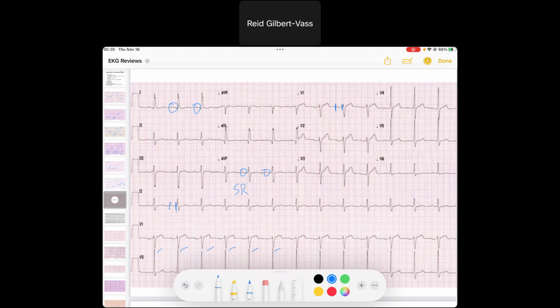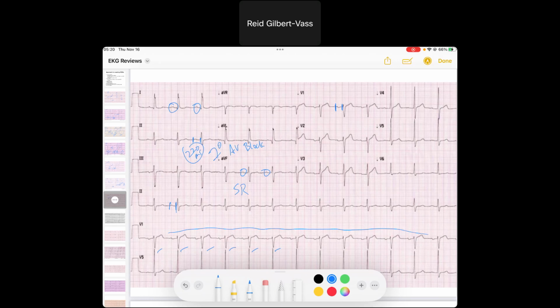You could argue this is a borderline, and maybe in lead 2, right there to right there, you could say that this is maybe 220 milliseconds. So you could say maybe a first degree AV block. Okay, so it's our AV node. But there's no dropped beats, they're all always marching along, so it's a first degree.